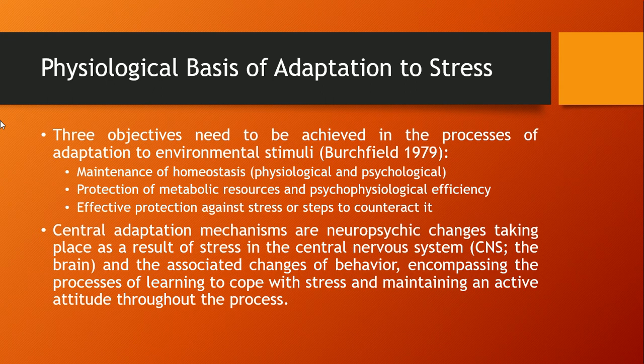So central adaptation mechanisms are neurophysiological changes taking place as a result of stress in the central nervous system, or CNS, or the brain, and the associated changes of behavior encompassing the processes of learning to cope with stress and maintaining an active attitude throughout the process.